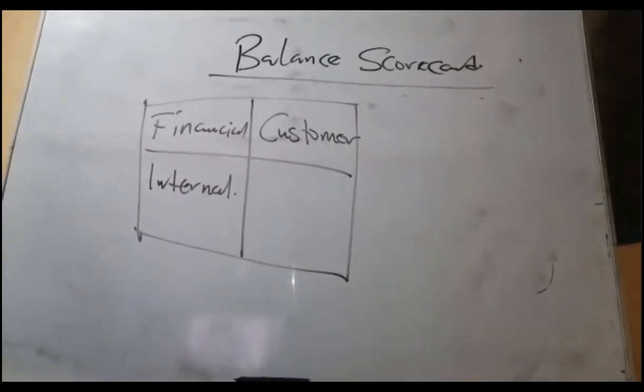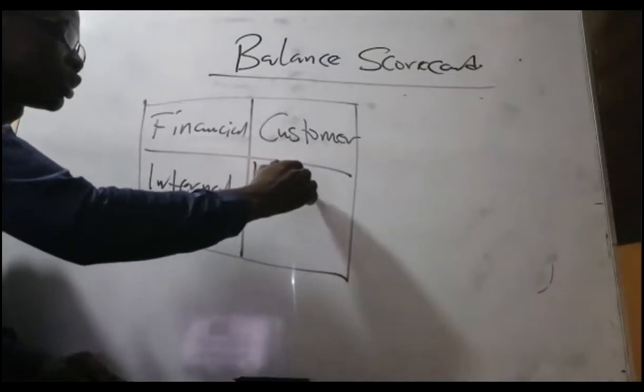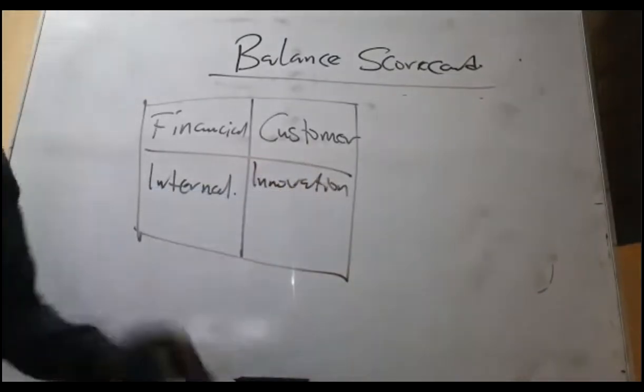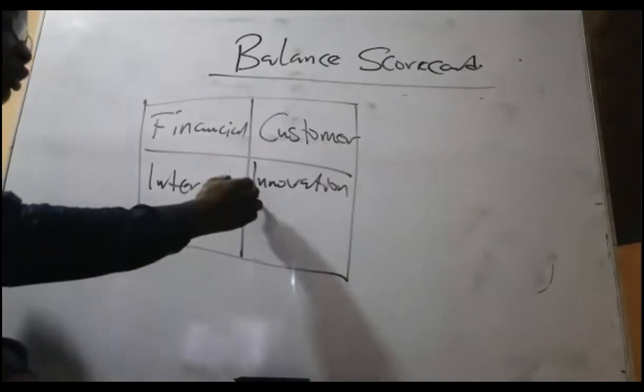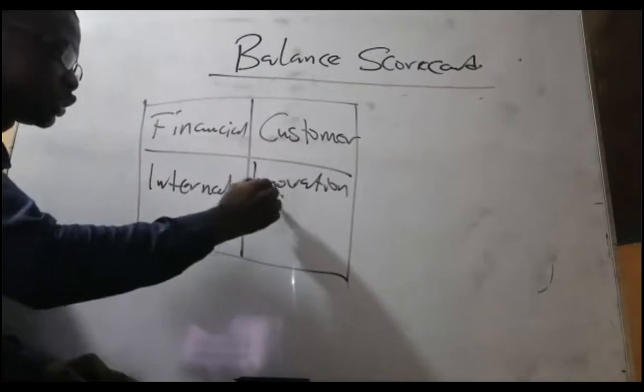Your internal process: how to serve the people, serve them well. Good. Your customer service. The internal process: use advanced technology. Then finally, we'll talk about innovation and learning. You have to learn.